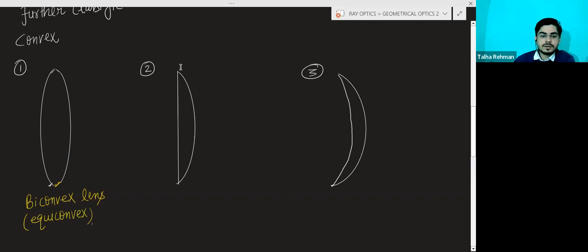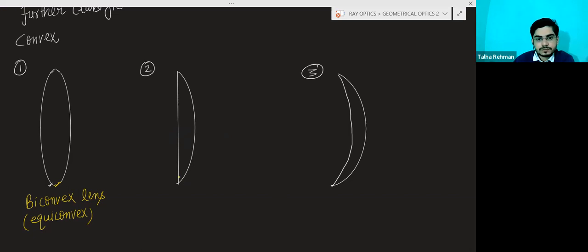Okay. Now see this type of lens. One surface is convex. This is a convex surface, and this is a plane surface.